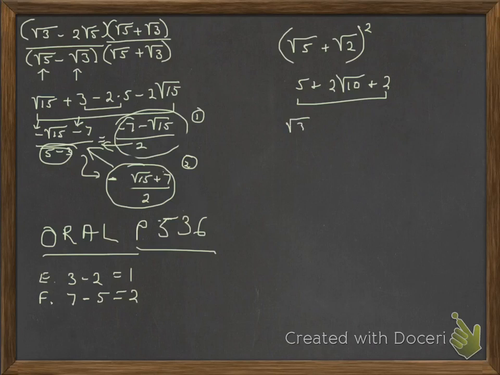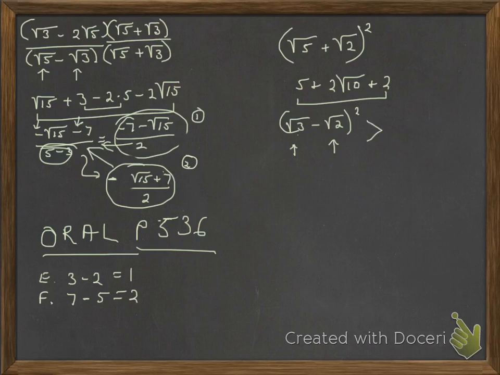We'll have the square root of 3 minus the square root of 2, squared. So for the first one, I'm thinking 3. For the last one, let's go ahead and think first and then last so that I can combine them in my head.